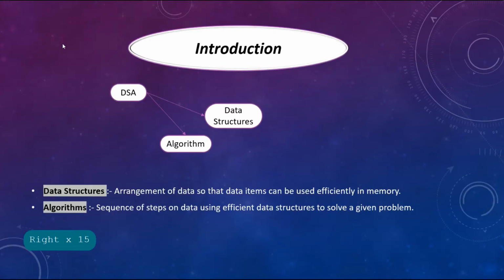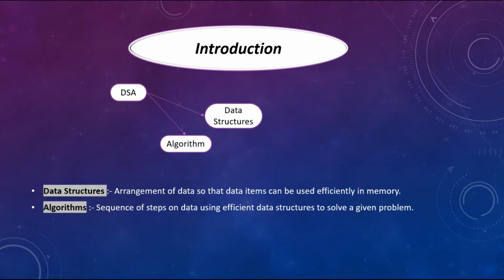As we all know, data structure and algorithm consist of two different things: data structure and algorithm. A data structure means the arrangement of data in such a way that we can use the data efficiently, and the memory utilization should be efficient for the arrangement of the data.